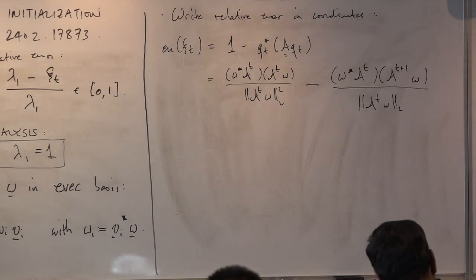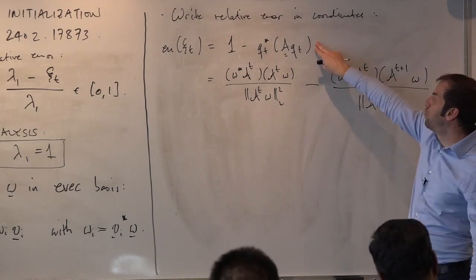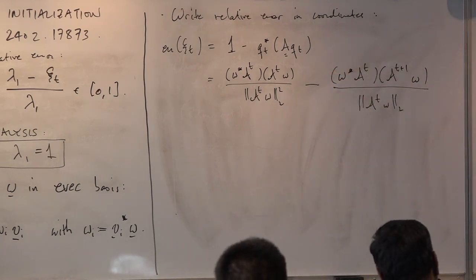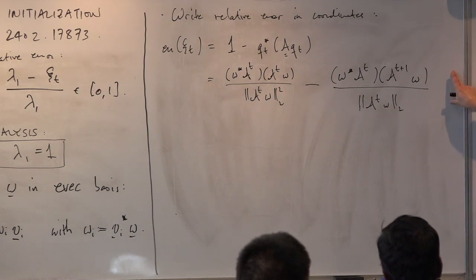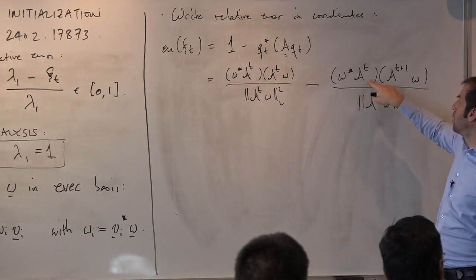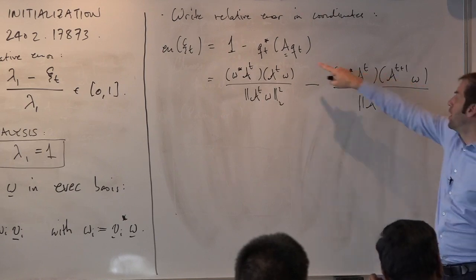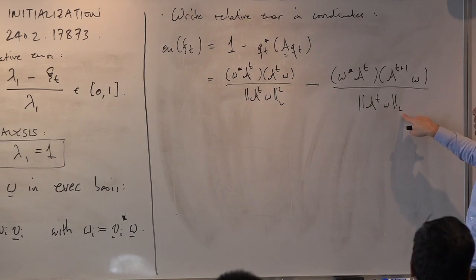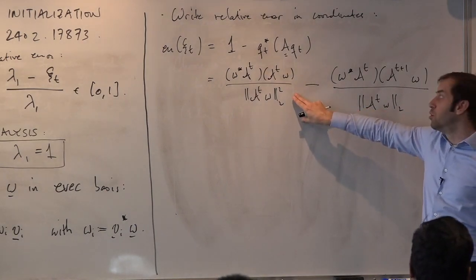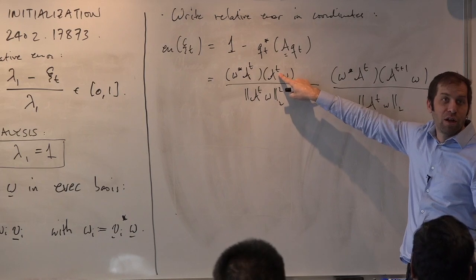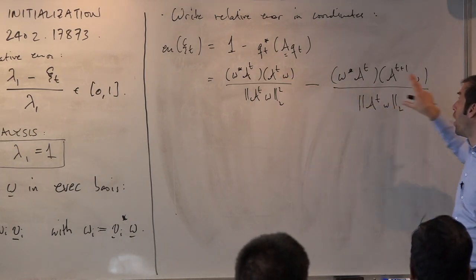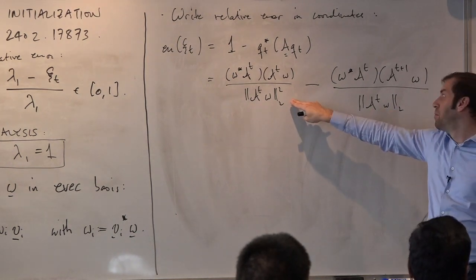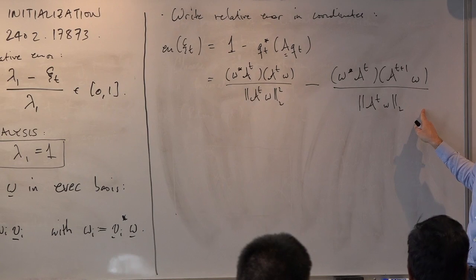All I've done here is taken the formula for CT and introduced the expression for QT. That gives us omega transpose A to the T. The A and the A to the T combine to give us an extra power, and then we have the normalization. For the first term, you can see there's one smaller power of A here. I've just written this in a clever way so it looks like the thing on the right. So this is equal to 1, but we've found a common denominator.